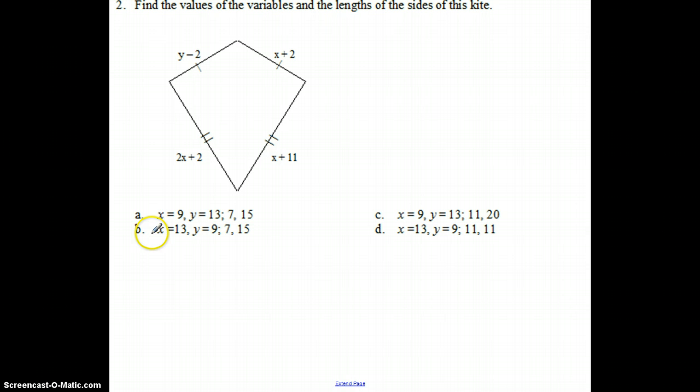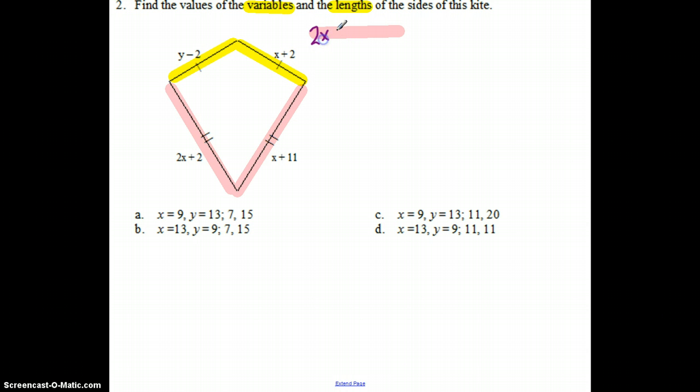On number 2, it says find the values of the variable and the lengths of the sides of this kite. So they want us to find not only the variables, but the lengths. So first of all, if I were to set these up, I know that those two are equal, and I know that these two are equal. Now, because the yellow ones have two variables, an x and a y, it's probably easier to start with the pink ones because there's only one variable.